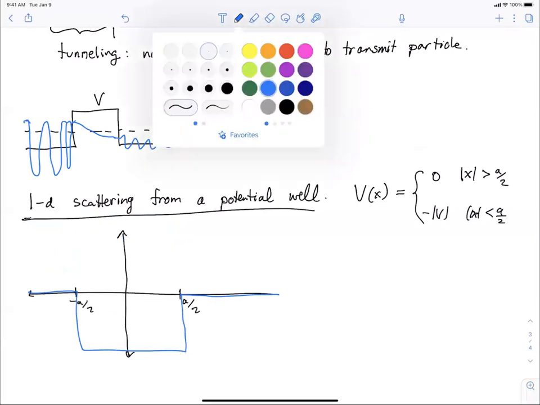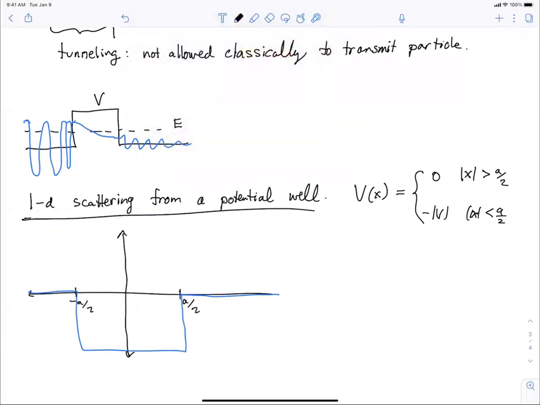Okay, and the good thing is that we can just steal all the algebra that we already did to get the answer. It doesn't actually require anything new. So same algebra as before, meaning for the barrier. It's just that we have to replace V by minus its absolute value.